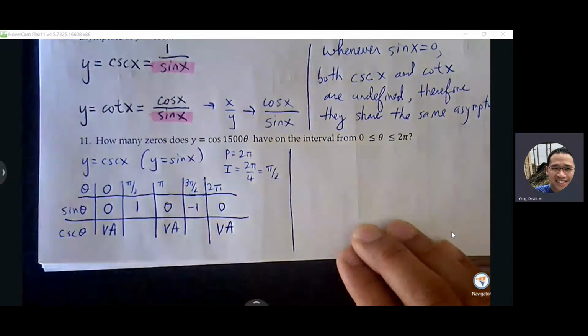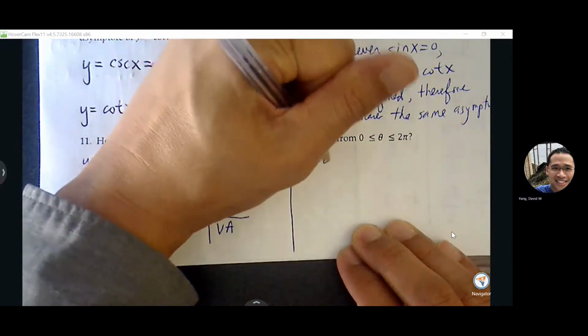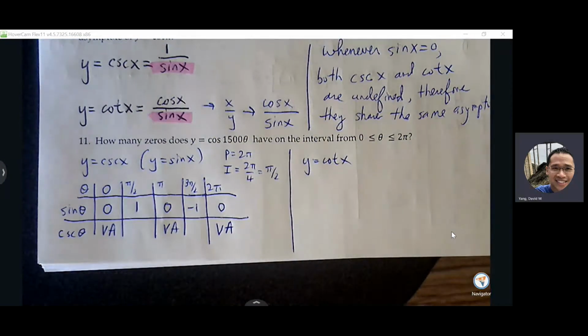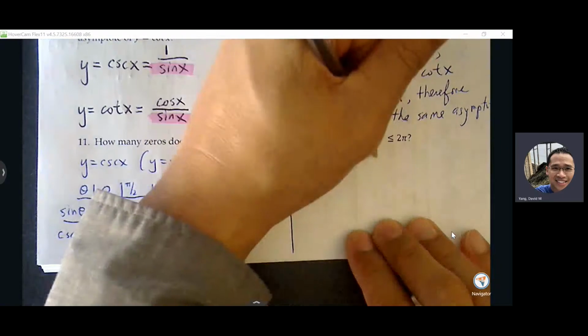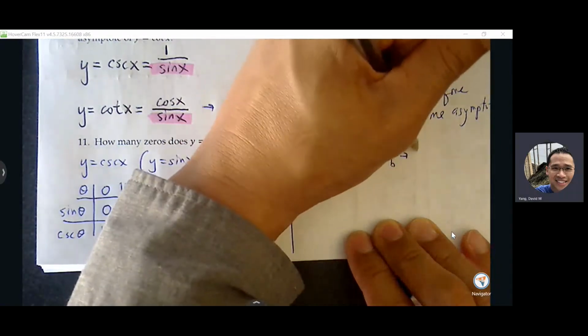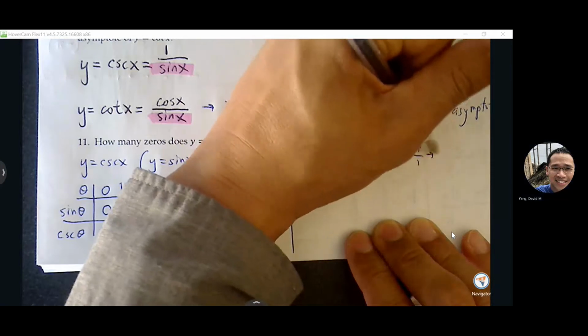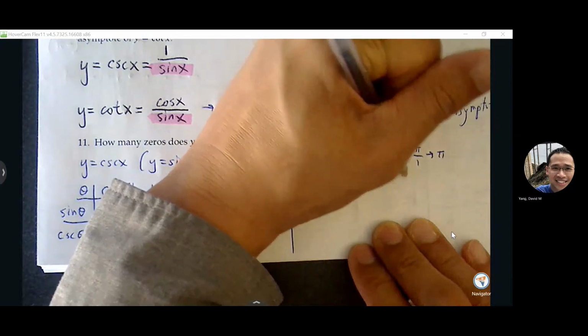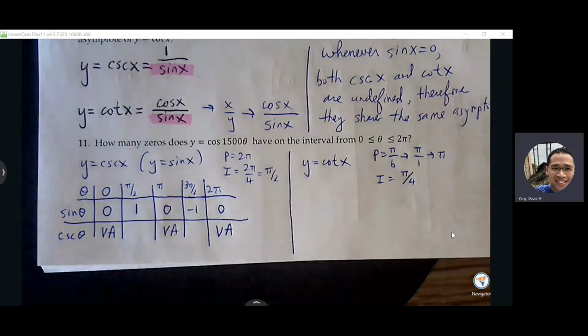Likewise, let's see what we know about cotangent. Cotangent has a slightly different period. Period is pi over b. The parent graph is just pi over 1. And the interval is period divided by 4, right? Pi over 4.